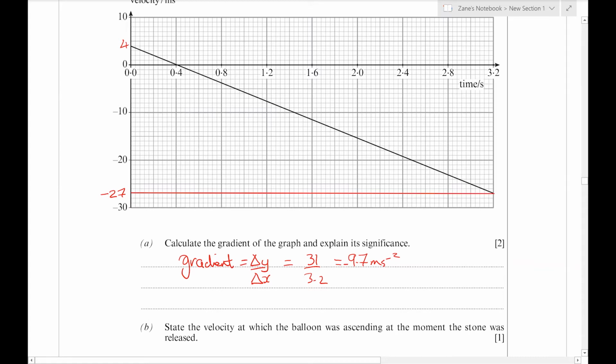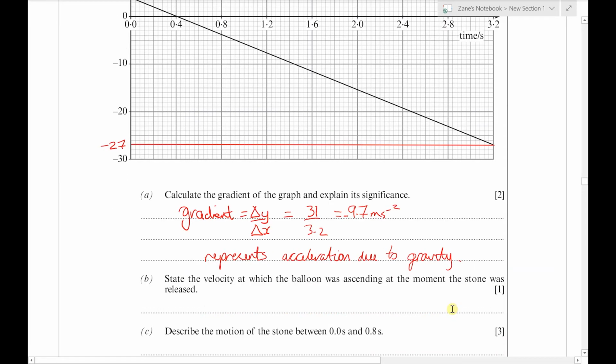And the significance of the gradient is that it represents the acceleration due to gravity.